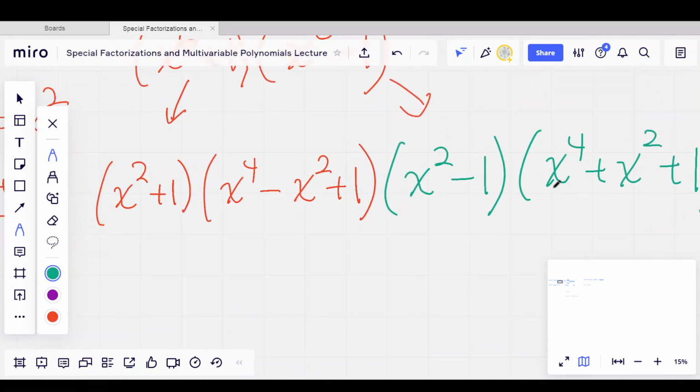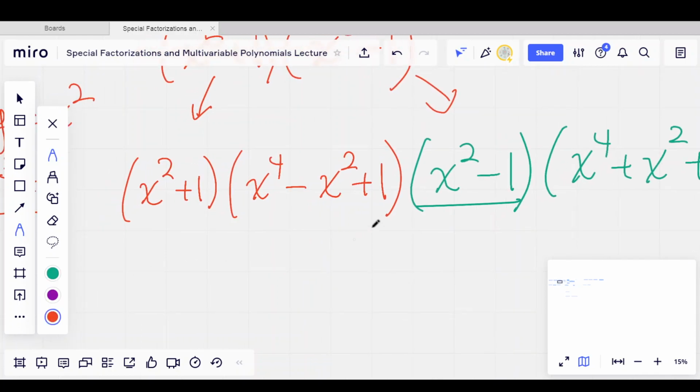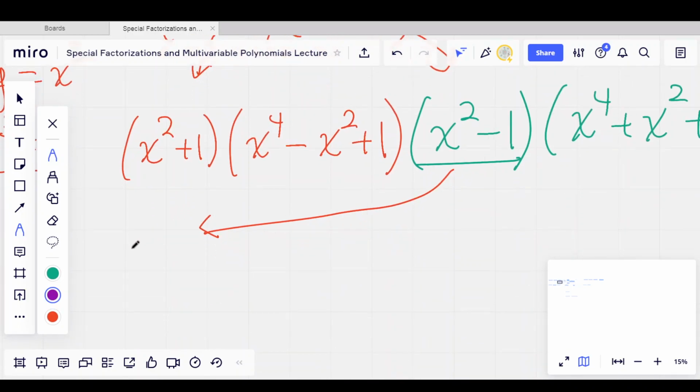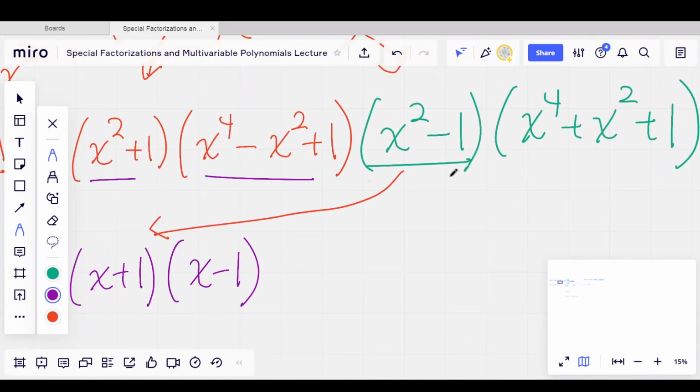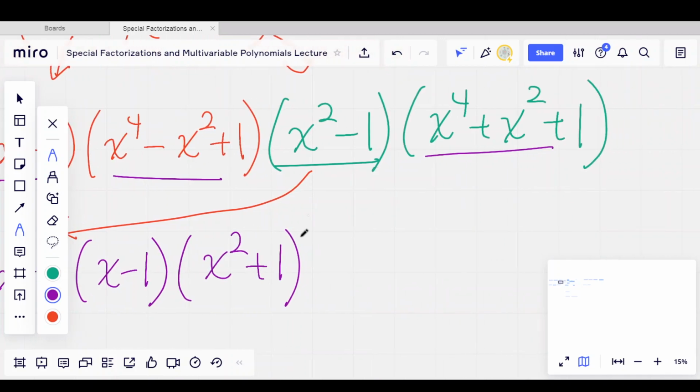We're basically done here, except we have this unfactored. So we'll bring this over here, and then we have x plus 1 times x minus 1, and then these are all not factorable over the real numbers, as you can see. So we just copy the other stuff.